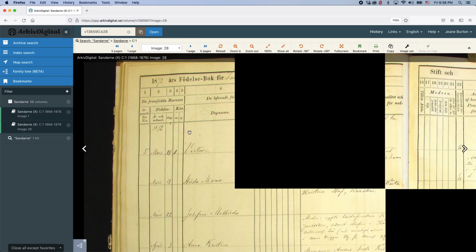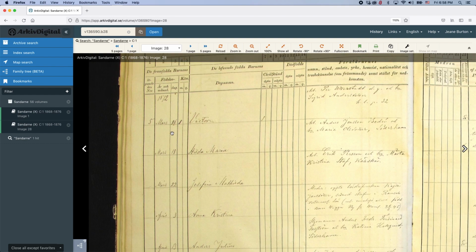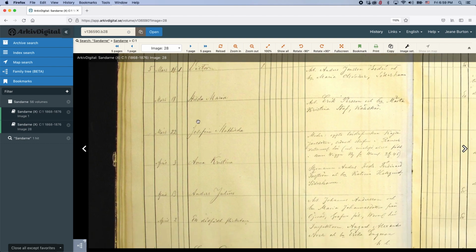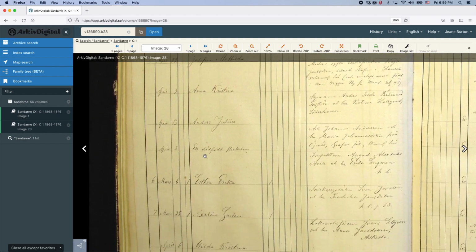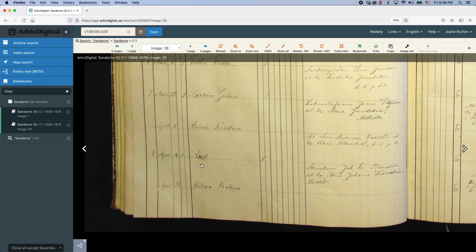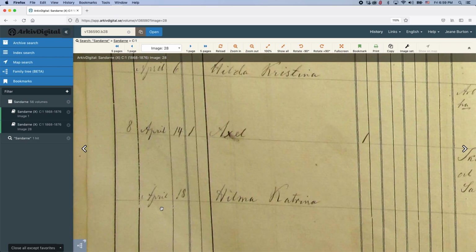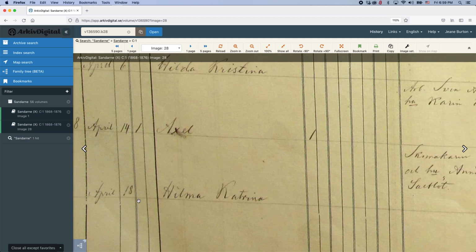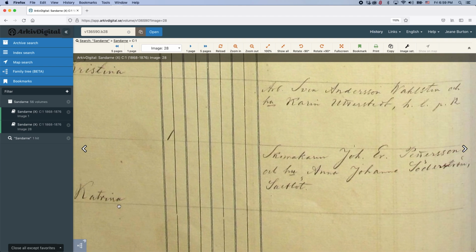So you'll look here, that's March of 1872. We're going to go down. We're looking for Hilma Katrina, April 18th. There she is right here. April 18th, Hilma Katrina.